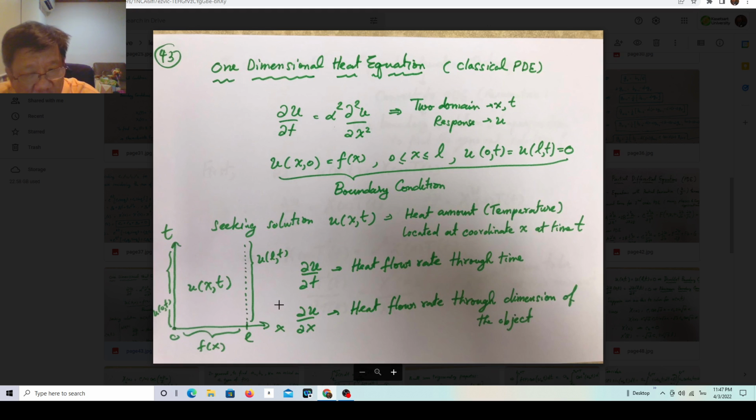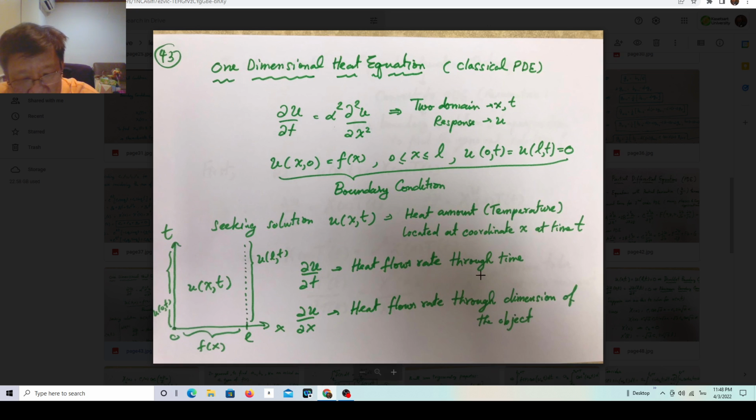Therefore, if u(x,t) is the heat amount located at coordinate x in the domain x, which is a location or whatever the dimension of the object, at time t, then the partial derivative of u with respect to t, as you know the definition of derivative is the rate of change, is the rate of change of u over time t for any specific location x.